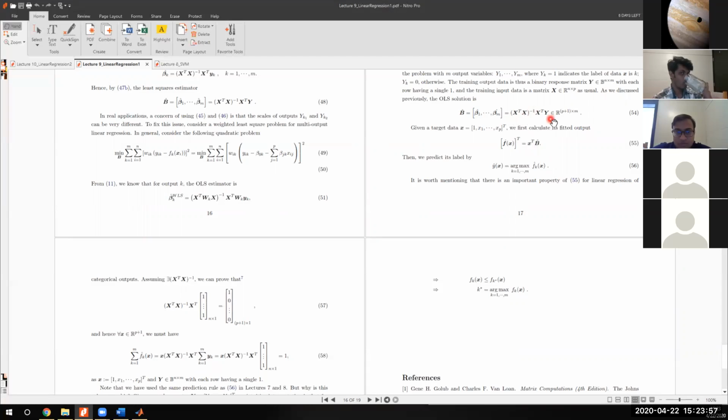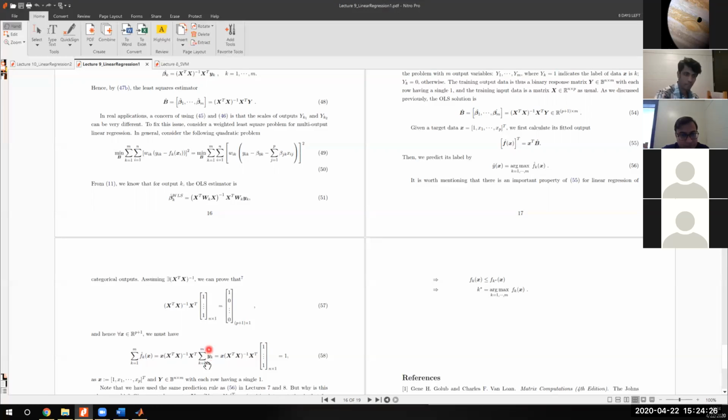Your beta hat equals this. So the summation of your fx equals what? Think about this. The summation here is actually for the different y part. You see it? Because x is fixed. All x's are fixed, but the y part are different. So your summation of fx here is actually a summation of here.